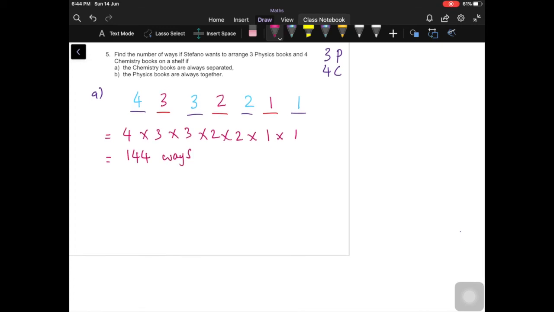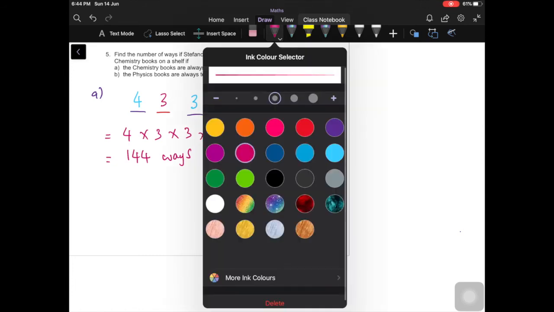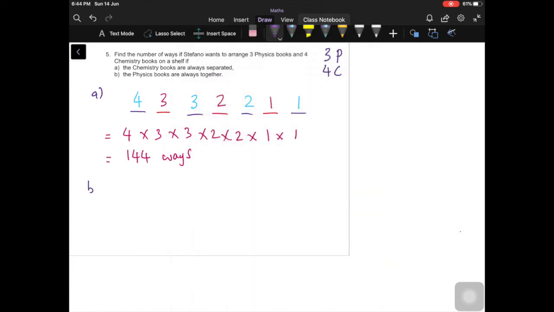Okay, we proceed to the next question. Question B, the physics books are always together. So we have 7 places to arrange these books, 1, 2, 3, 4, 5, 6, 7. The physics books are always together, so I assume that I tie up all the physics books together. We have 3 physics books, so we have 3 options for the first place, 2 options for the second place, and 1 option for the last place.